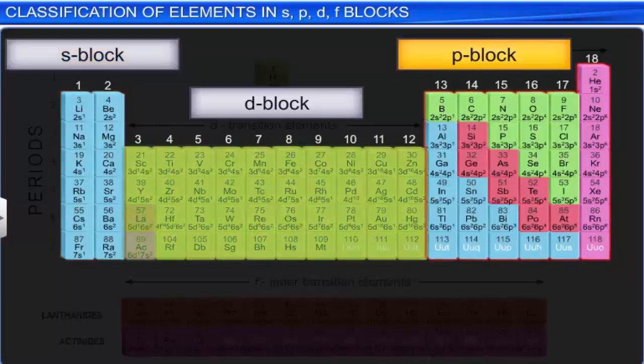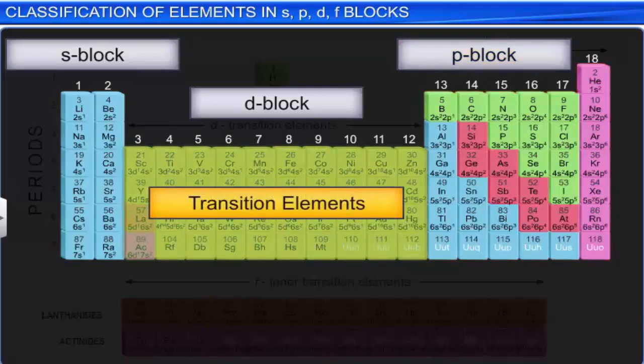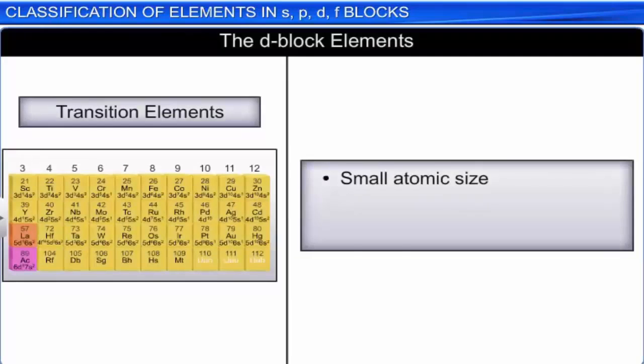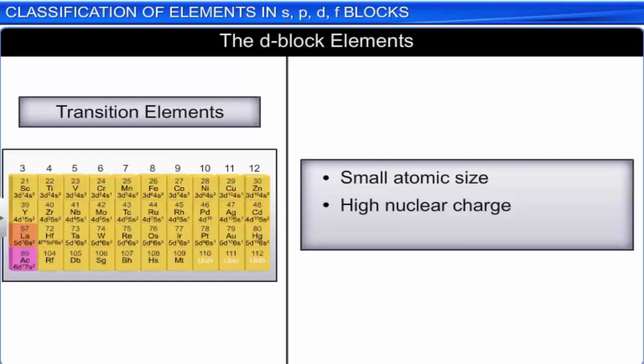Small size of atom, high nuclear charge and unpaired electrons in d orbitals impart characteristic properties to the transition elements. These properties are: all the transition elements are metals, and they exhibit variable oxidation states.